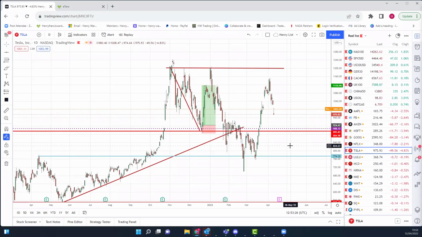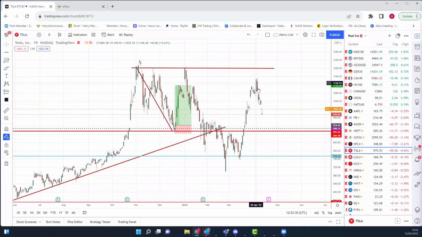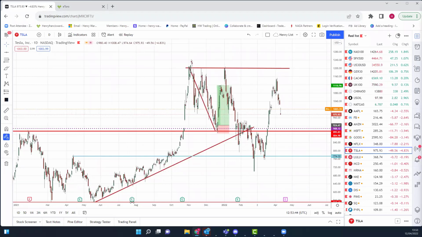Stay away from it. So the idea here is, for me, it has to come back down to this level here before we can get any sort of value in it again. But again, earnings are the 22nd, which will be huge. We've had earnings have all been good.